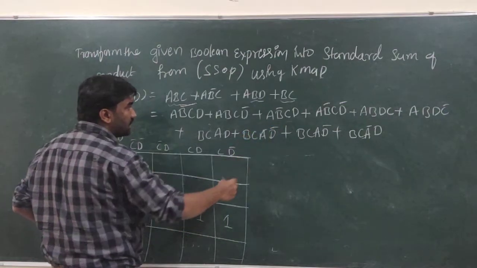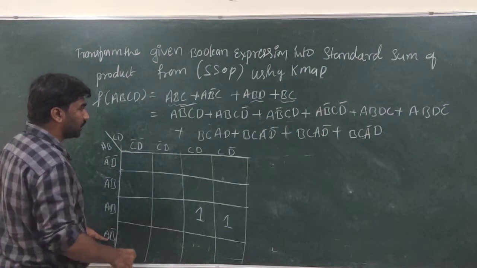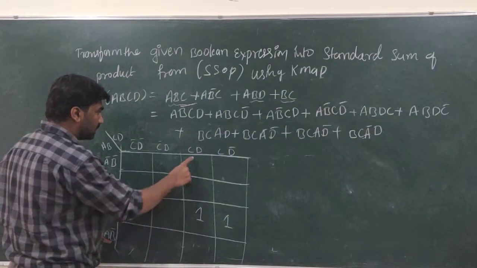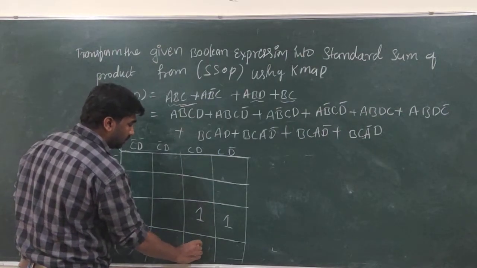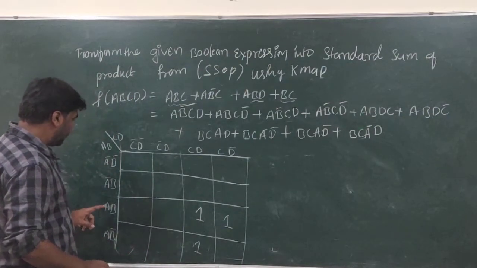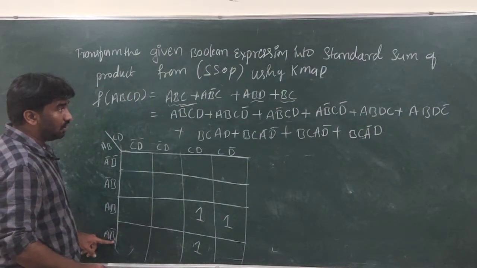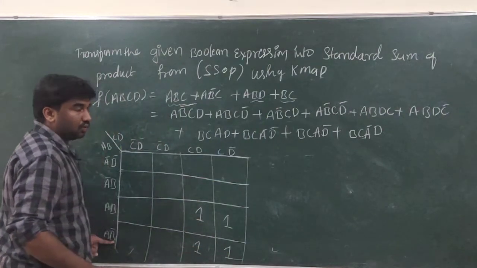And AB bar CD, here you will get 1, and AB bar CD bar, here the last column 1.